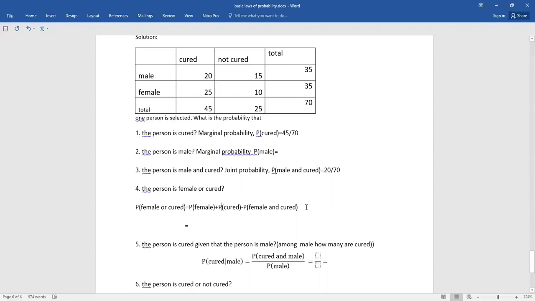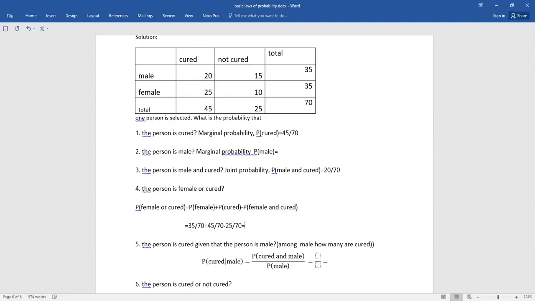So the probability of female, we know, is the marginal probability of female, 35 over 70, plus the marginal probability of cure, 45 over 70, minus the joint probability of female and cure. Female and cure, we have 25, so 25 over 70.